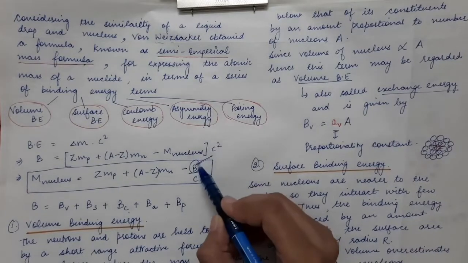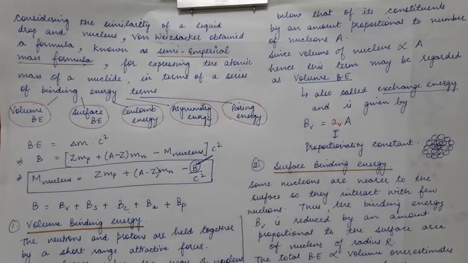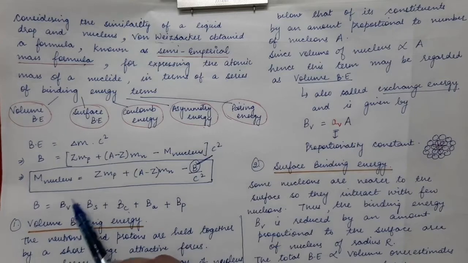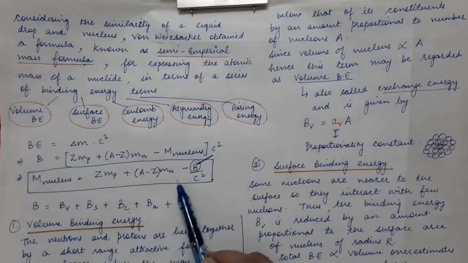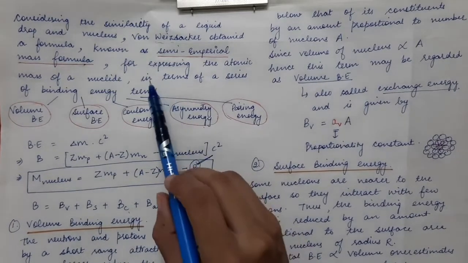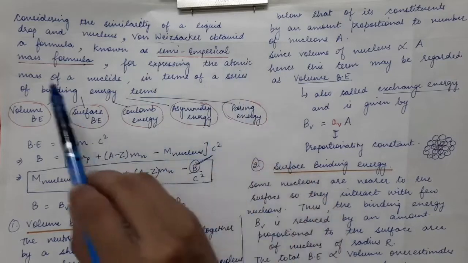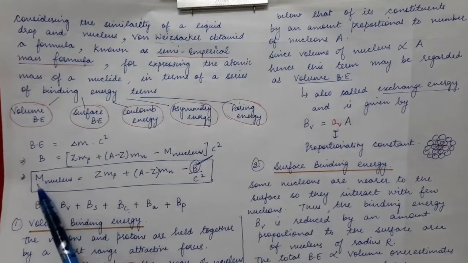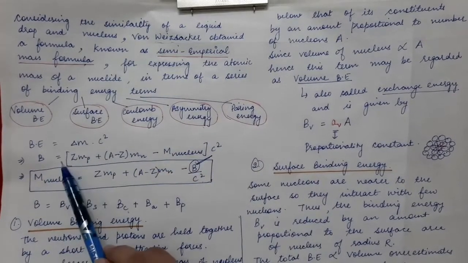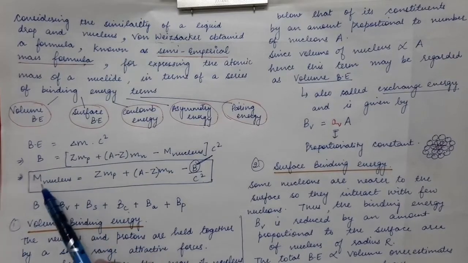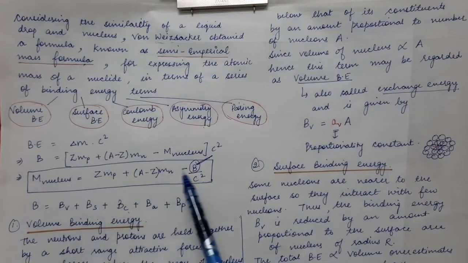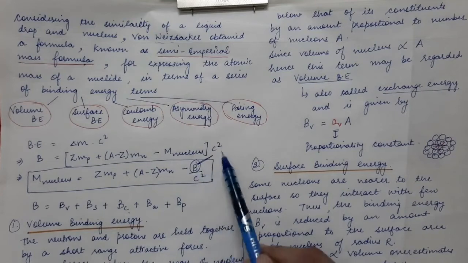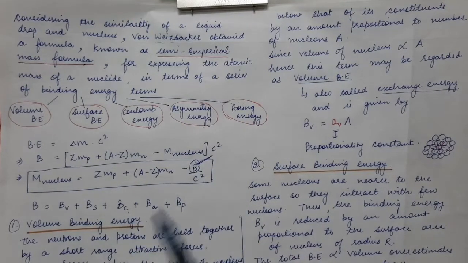So this binding energy of the whole nucleus was expressed in terms of the various binding energy terms. So here we have written the atomic mass of the nuclei. Now this mass of the nuclei, we can say simply the mass of the nucleus, can be represented in terms of the various components of the binding energy.